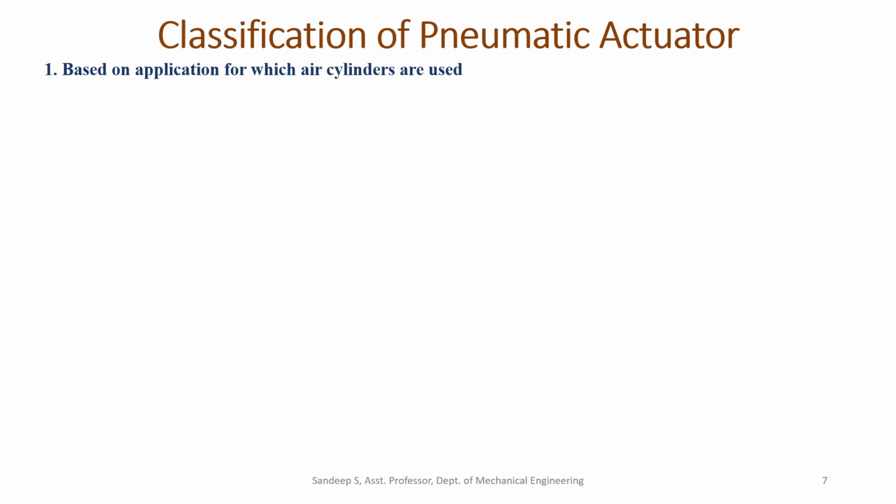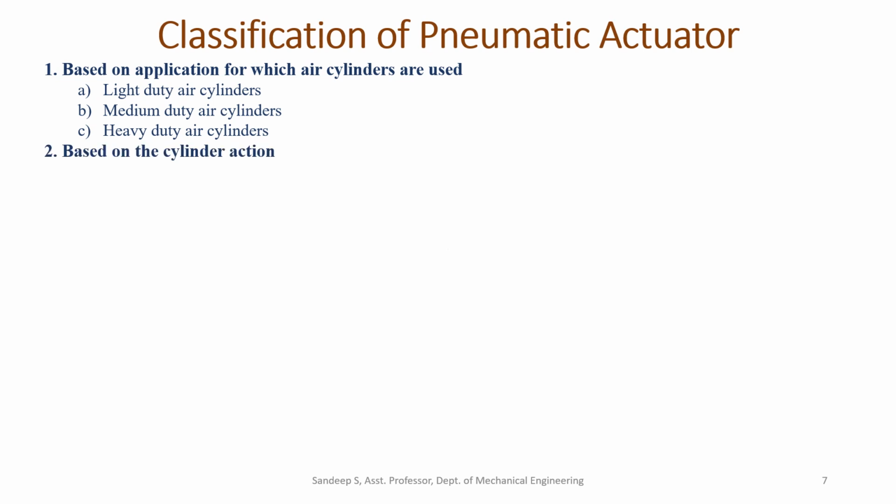Based on the application for which air cylinders are used, we have light duty air cylinders, medium duty air cylinders and heavy duty air cylinders. These things help the designer to choose depending on their requirement. Then based on the cylinder action, single acting cylinder and double acting cylinder.